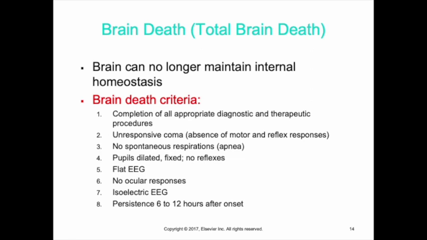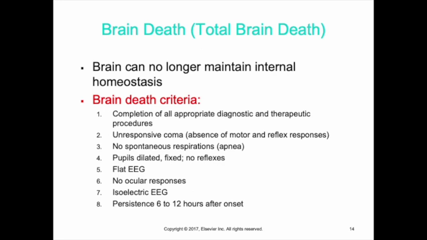Okay, so there is a criteria to follow in order to determine if the patient has total brain death. First, you need to complete all appropriate diagnostic and therapeutic procedures. There must be unresponsive coma, so there's no motor or reflex responses. There's apnea, no spontaneous respirations.